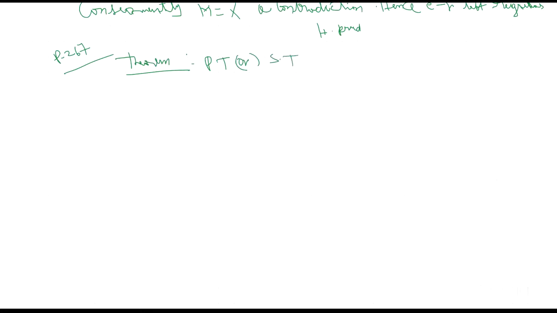Suppose x comma r belongs to capital X. Then E minus XR is regular.